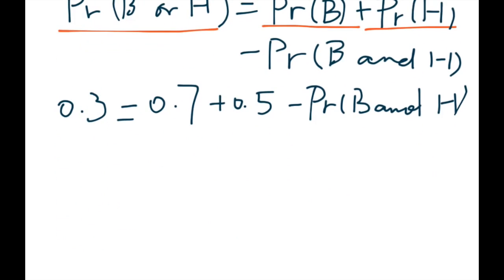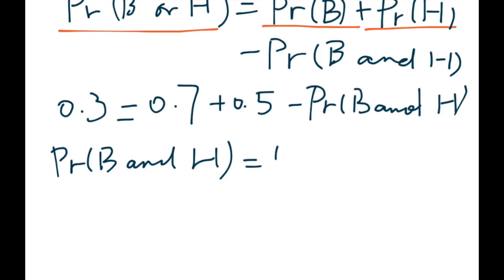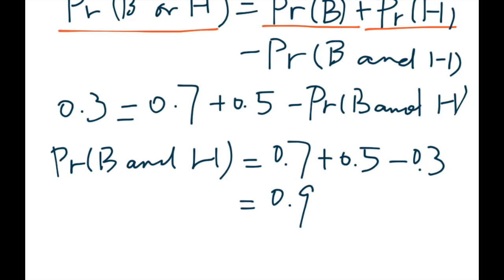Alright, now let us solve this equation. That means P(B and H) is equal to 0.7 plus 0.5 minus 0.3. And if we do the algebra, it is 0.9.